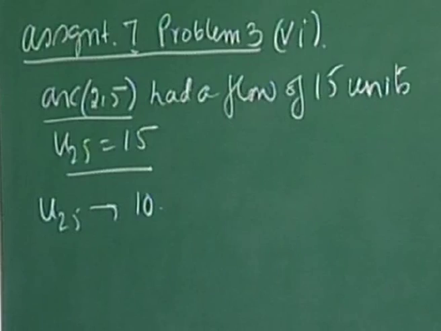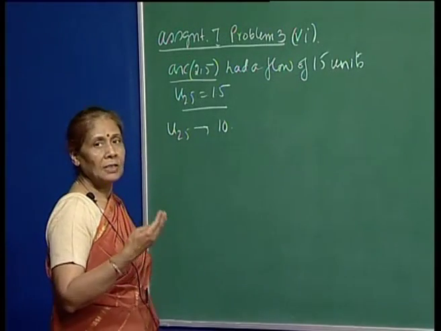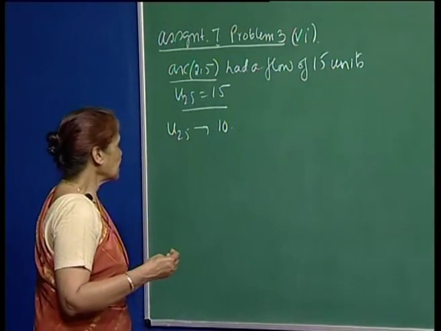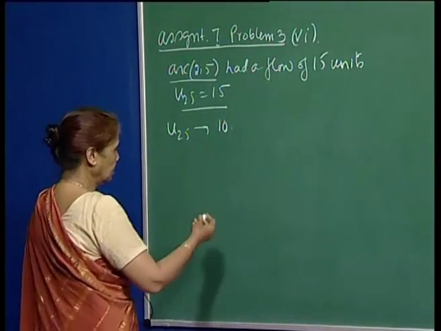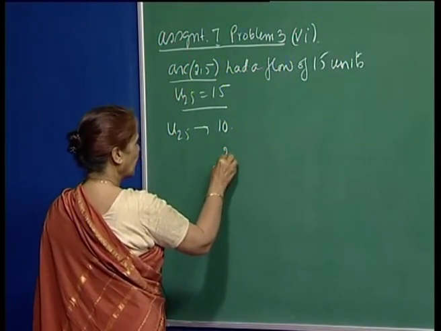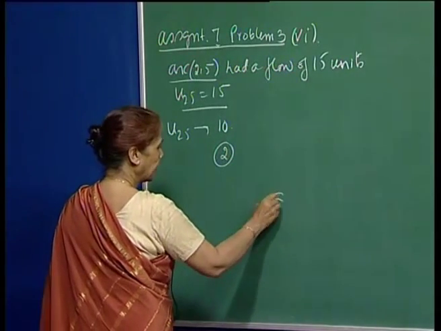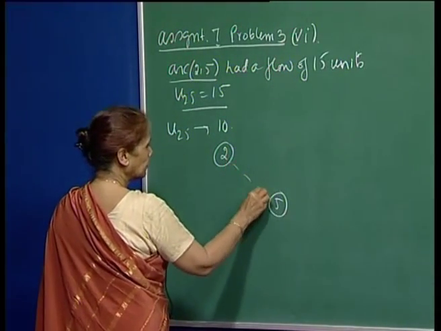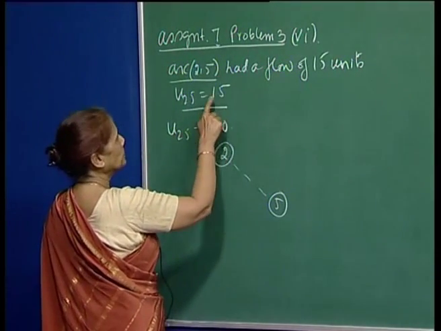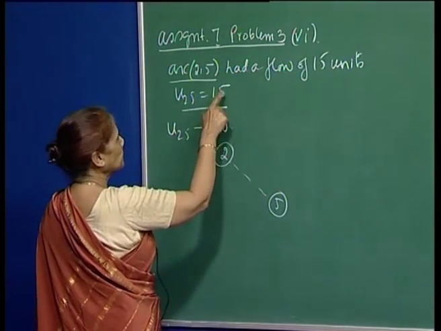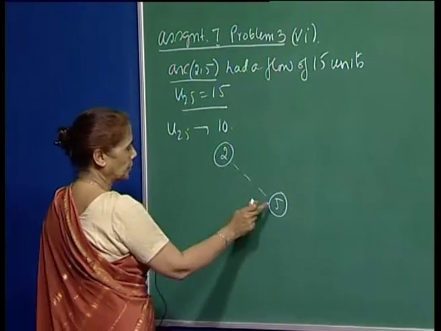I had also discussed the situation when the capacities go up, but in this case, for a basic arc, if the capacity goes down, then see, you have a node 2 here and node 5. You were sending 15 units of flow from 2 to 5, because U25 is 15, and we also had 15 units of flow from 2 to 5.